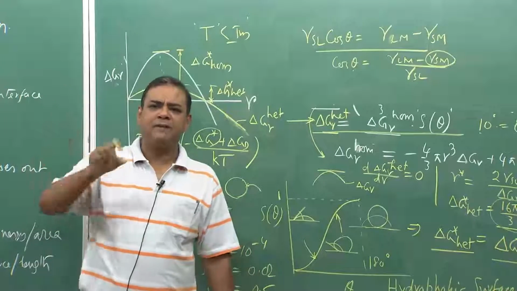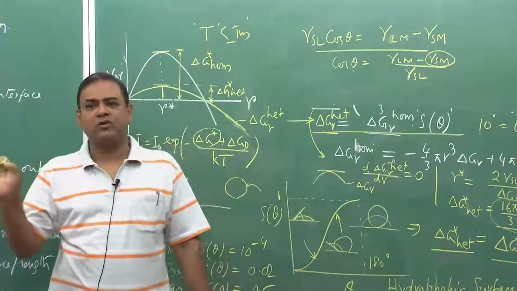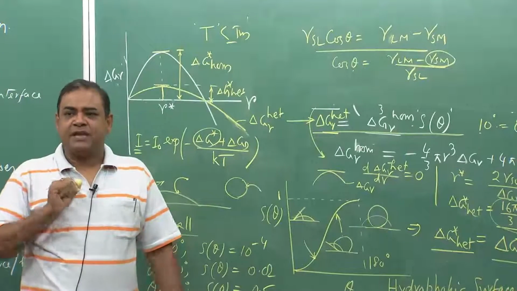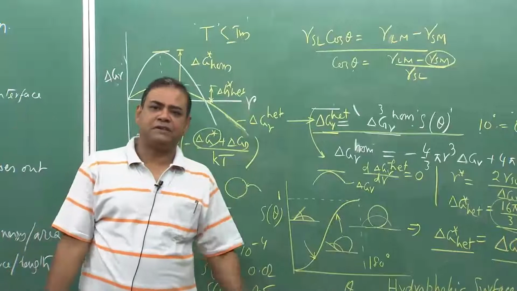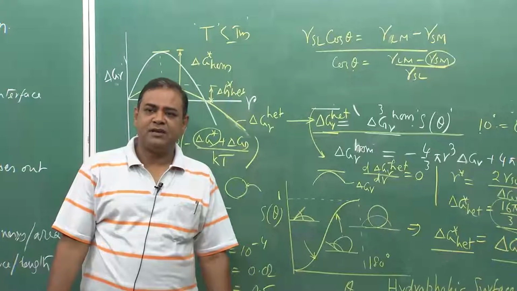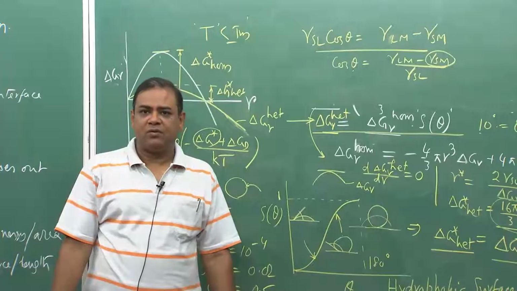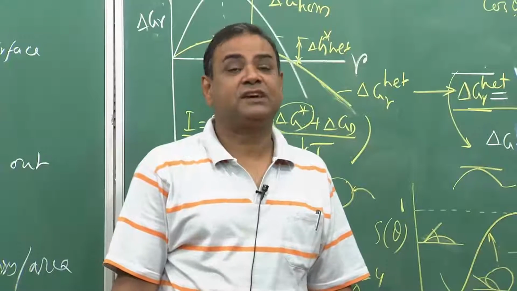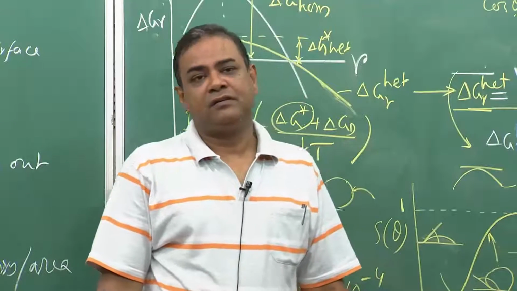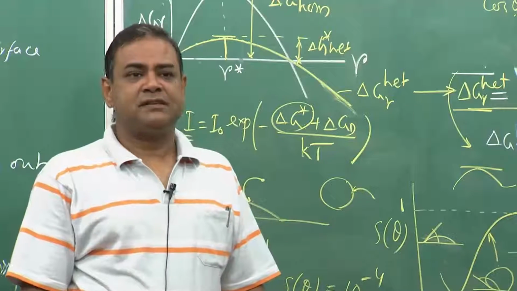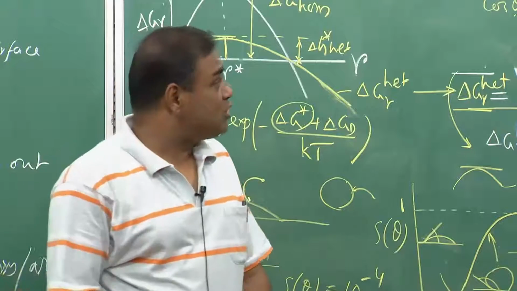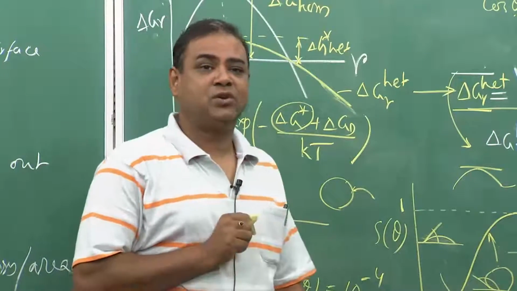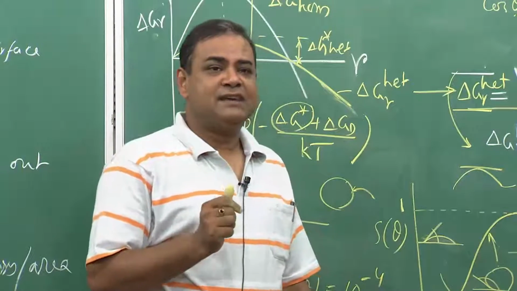If you add many inoculants, at every inoculant you will have a crystal or solid formation, and that means you have a very large number of crystals or solids, and gradually this is used in making a very, very fine structure or grains in metals during casting.